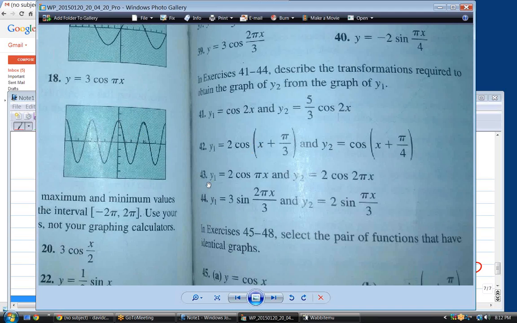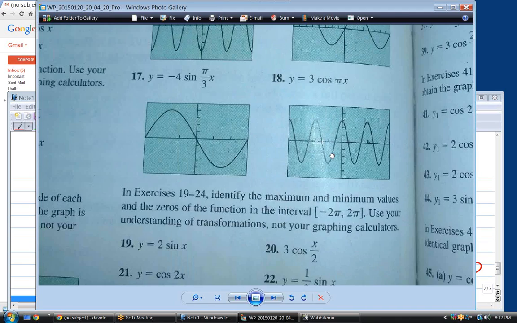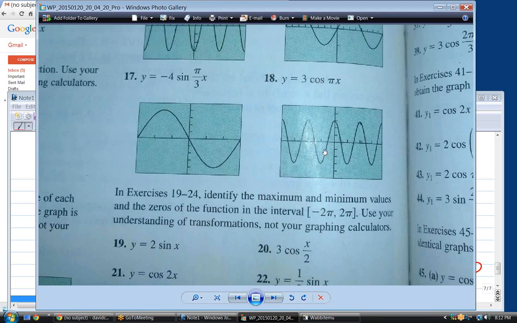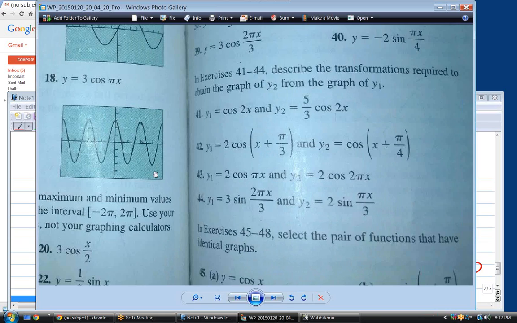About 18. Do you have to do 18? Yeah, let's do that one. Okay. Amplitude clearly is 3. What's the period? So that should be 2. Correct.